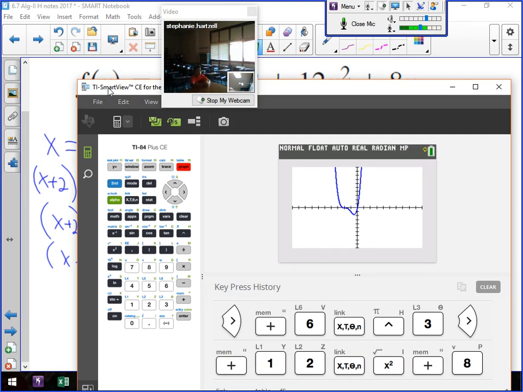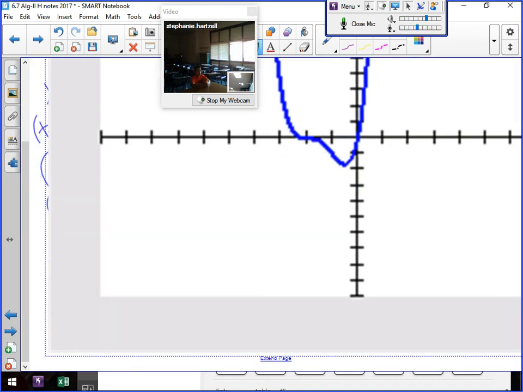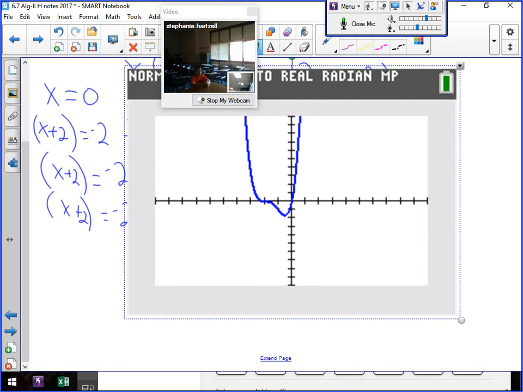Yeah, see how it just goes through it? Yeah, it goes through it at negative 2. So it would be tough to decipher from a graph how many zeros it has.